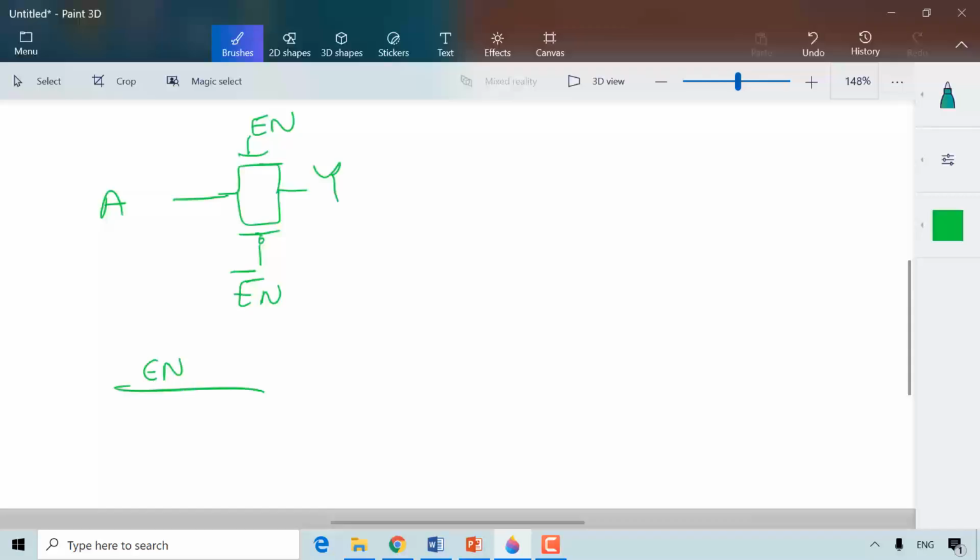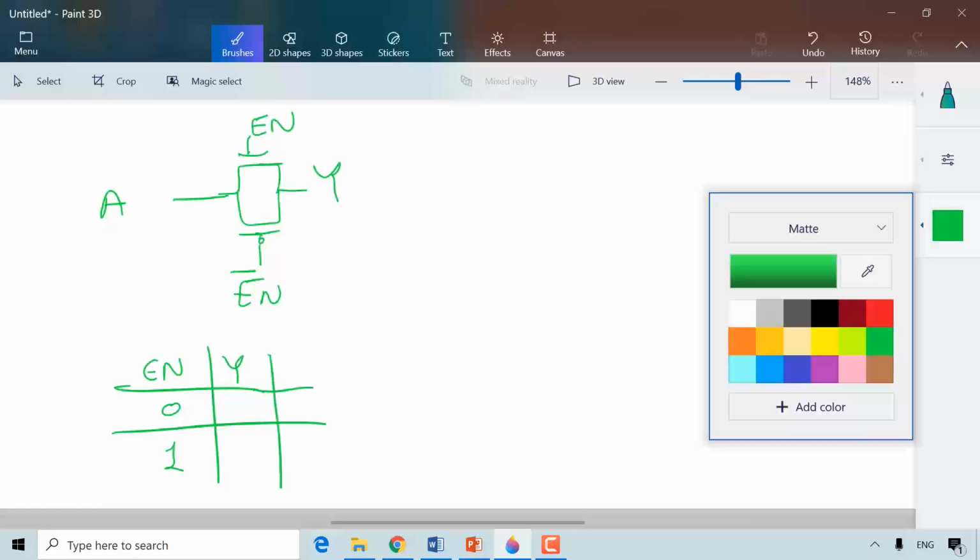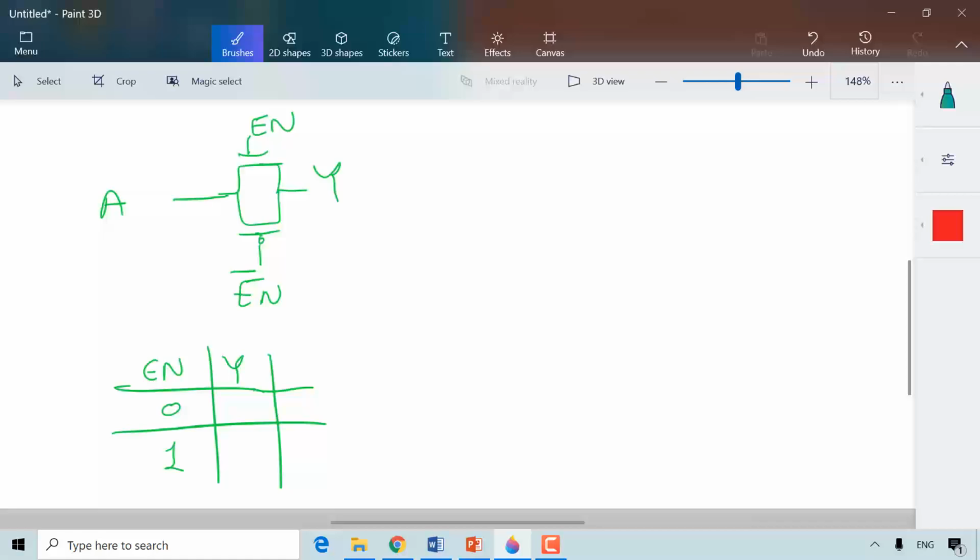When the enable is 0, we are shutting off both transistors, and the output is completely disconnected, and we say that it has a Z value. But when the enable is 1, both the NMOS and the PMOS are on, and we can pass the value of A all the way to Y, so Y equals A. In fact, we call it a non-restoring tri-state circuit.